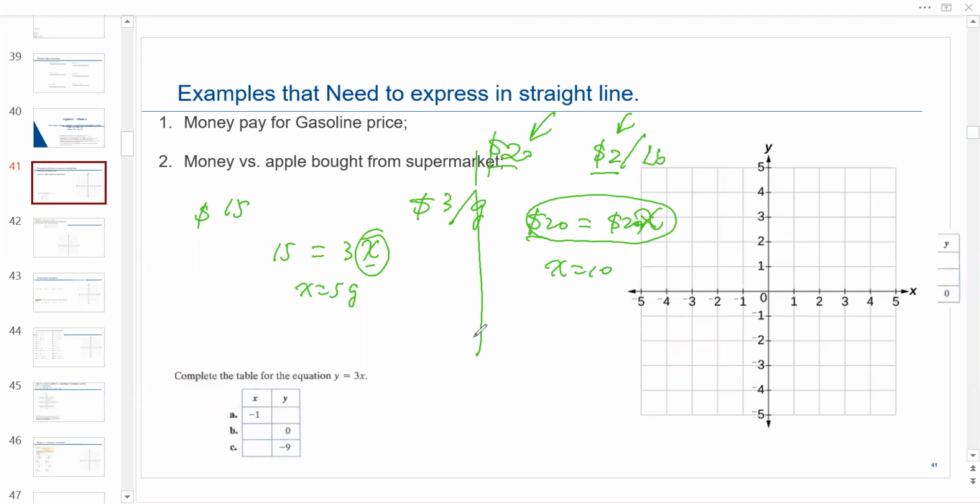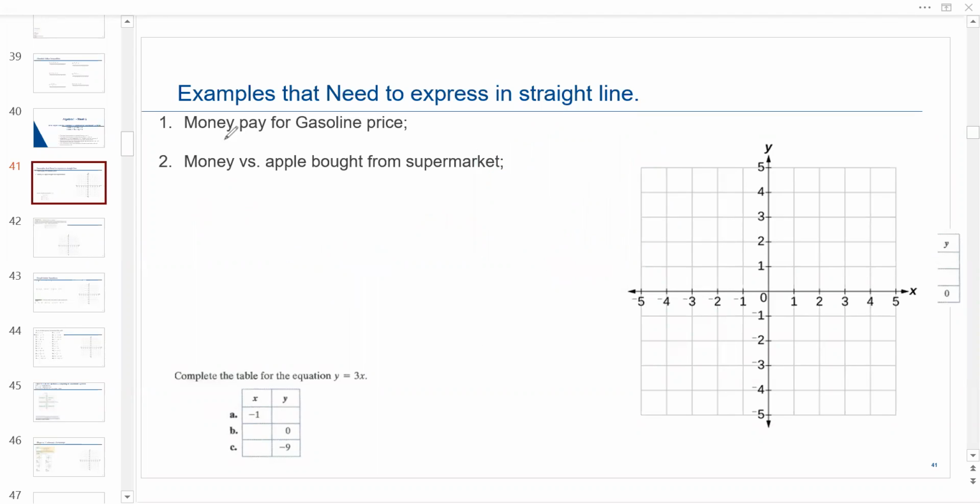So right now we do a little bit more complex situation. Say the gasoline price we know is $3 per gallon. So we want to know, all right, if I fill 1 gallon, here is the gallons I filled, and here is the price I should pay.